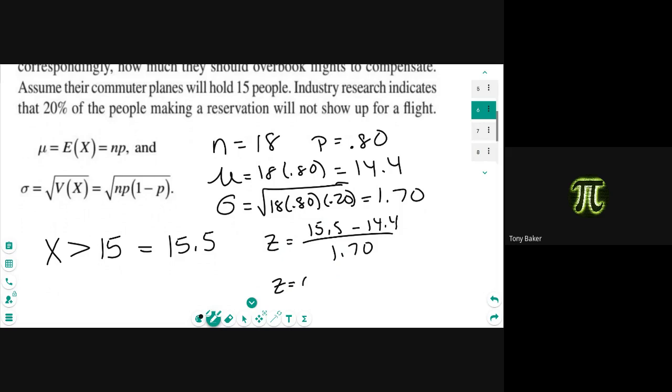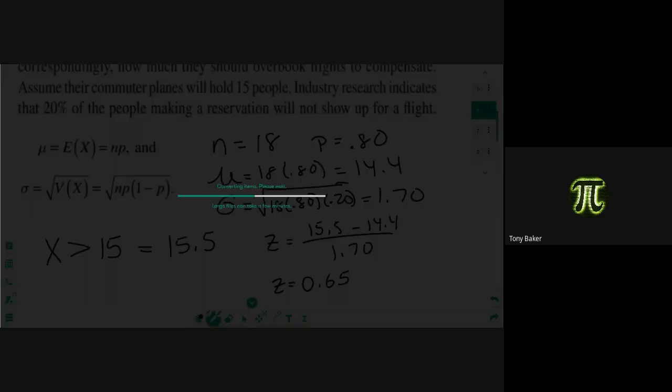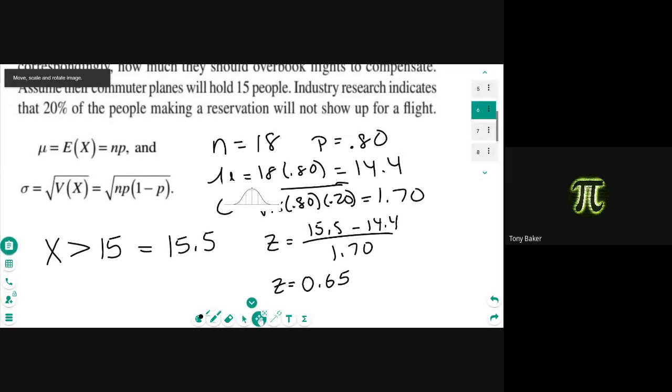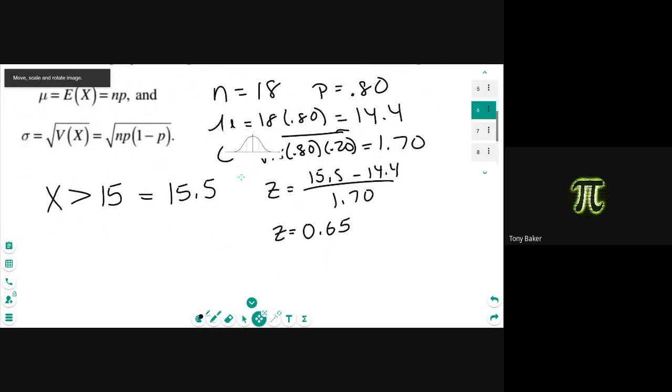And I get 0.65. Where did the 14.4 come from? The mean.